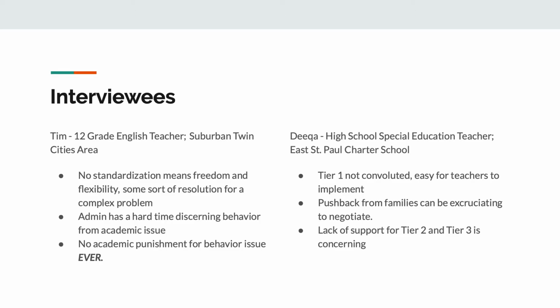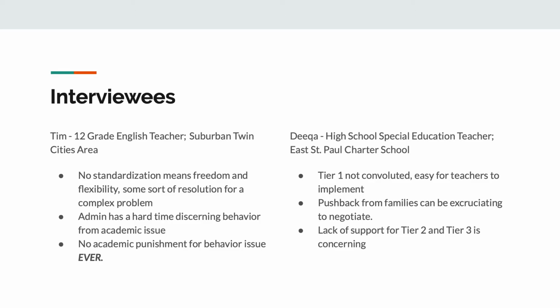The next person I interviewed was another friend of mine who I used to work with. Her name is Decca. Decca is a high school special education teacher at a charter school whose demographic is primarily Somali. She really likes the fact that she doesn't think Tier 1 is convoluted.